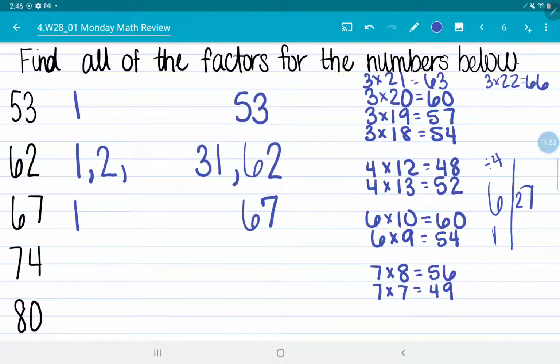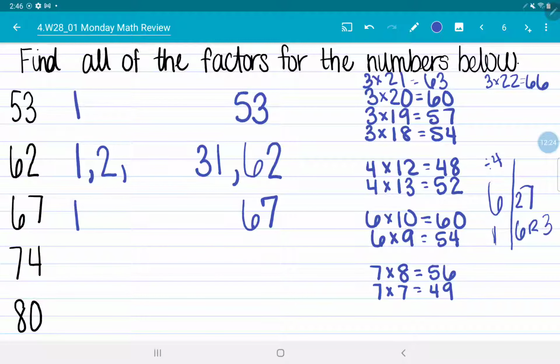If I'm doing 27 divided by 4, 6. Bryce says 6. 6 times 4 is 24. How many would I have left over? 3. I'd have 3 left over, exactly. So I know that 4 is not a factor.